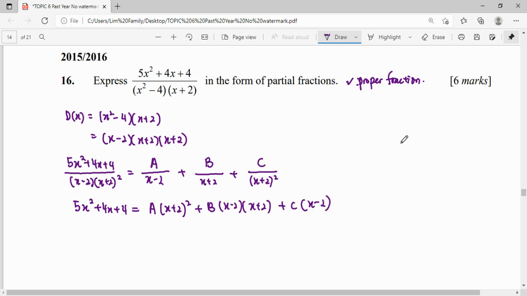From here, we have to solve for A, B, C. Since we have 3 unknowns, we have to let x take 3 values in order to find A, B, C. We will use the roots, as it is easier to get A, B, C directly. From our factors, we can let x equal 2, we can let x equal negative 2, and for the other x, we can let it be any number, let's say 0. When x equals 2, we substitute into the equation.